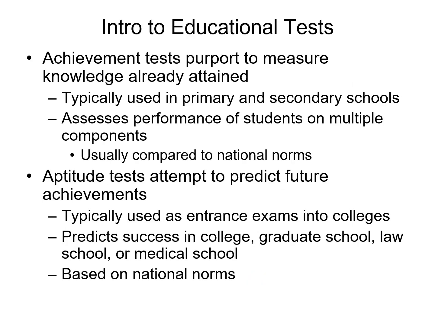So let's talk about educational tests in general. An intro to educational tests. Achievement tests purport to measure knowledge already attained. Whenever we're trying to determine if someone learned something, like your typical tests or quizzes in a class, these are achievement tests. They are typically used in primary and secondary school, assess performance of students on multiple components, and are usually compared to some form of national norm.